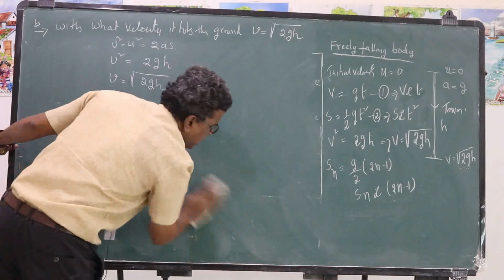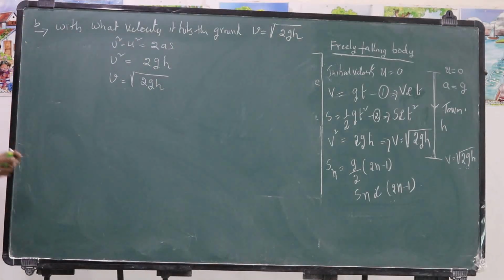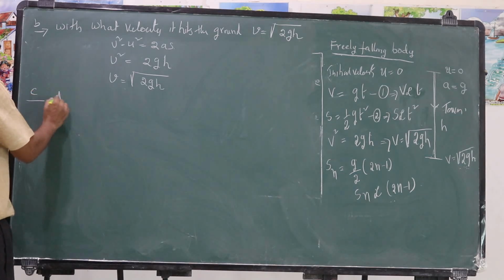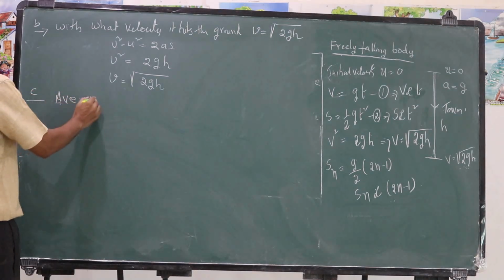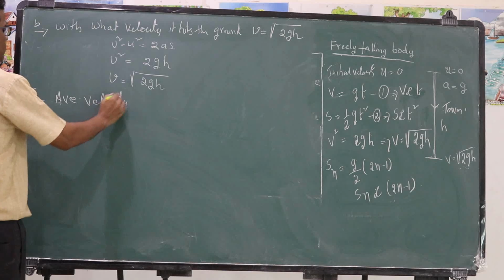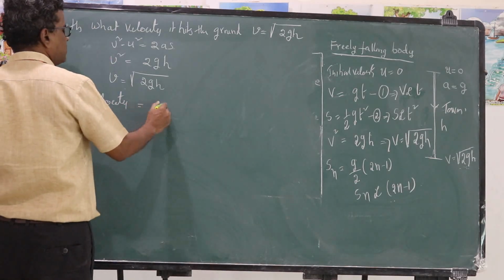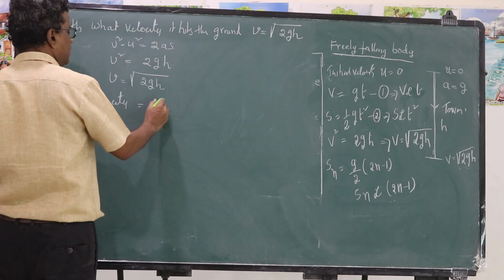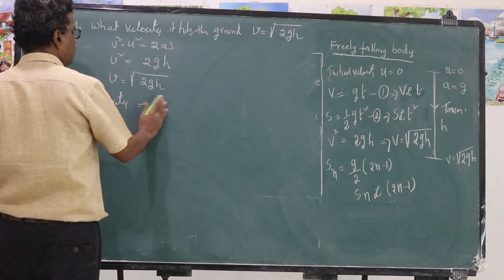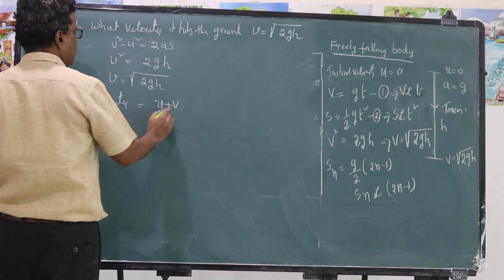What is the average velocity of the body? See, average velocity. What is average velocity? Average velocity is (initial velocity u + v) by 2.